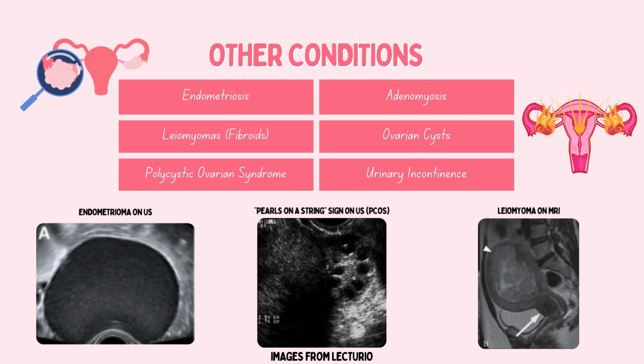There's also tolterodine, which can be long or short acting, fesoterodine, oxybutynin, solifenacin, and propiverine. They block the muscarinic receptor stimulation by acetylcholine and reduce smooth muscle contraction of the bladder.